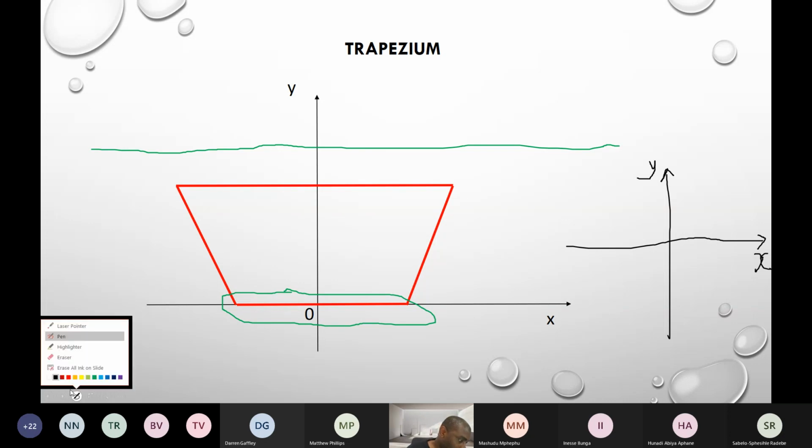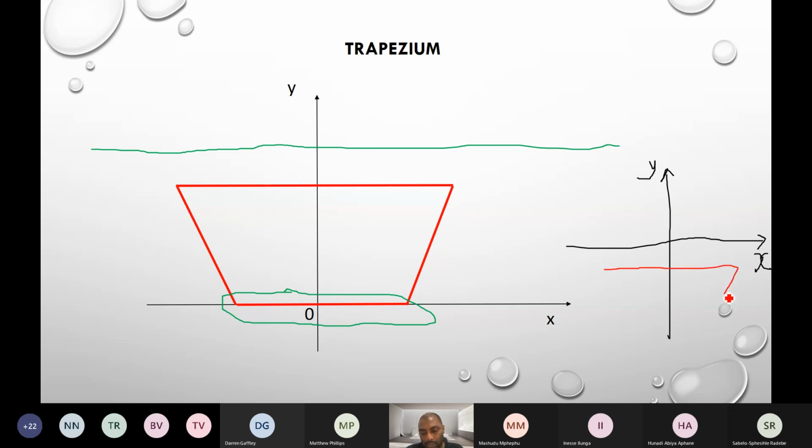And then let me sketch. So you draw a trapezium like this. Okay, and then your water level would be on the x-axis here. Okay, this should be a straight line.